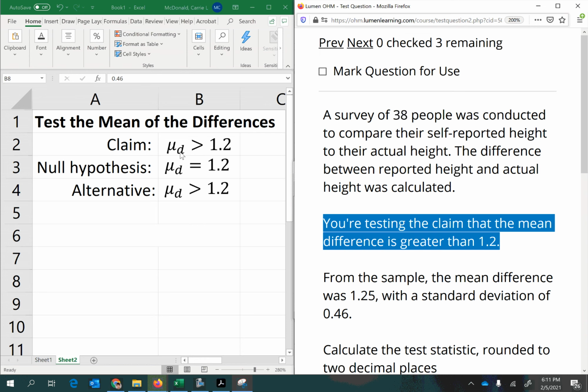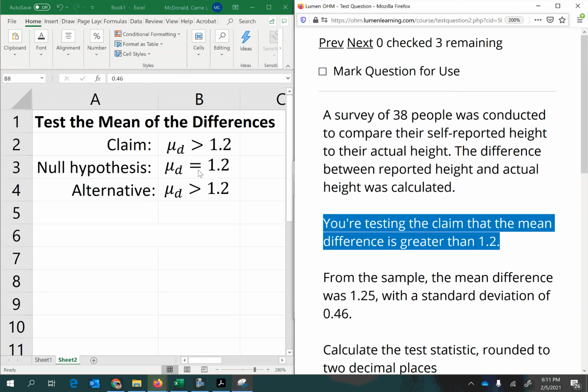So the mean of the differences from the population is claimed to be greater than 1.2. Since there is no equality in the claim, it became our alternative, and we are looking to support that alternative by finding evidence against the default assumption, which we call the null hypothesis. So we have this one case.